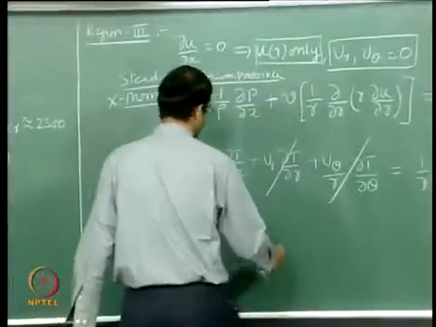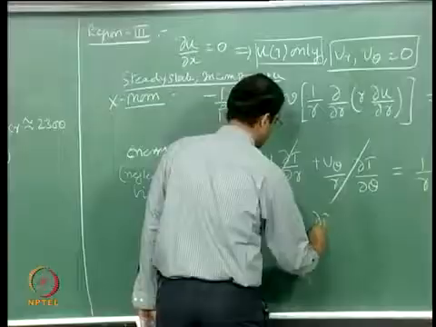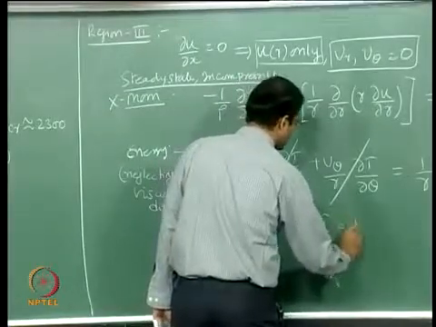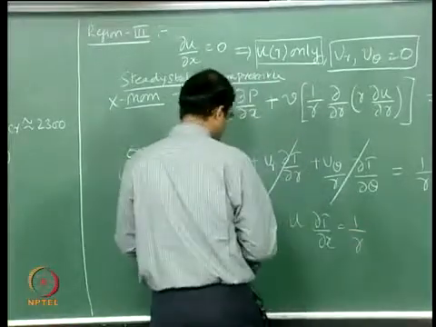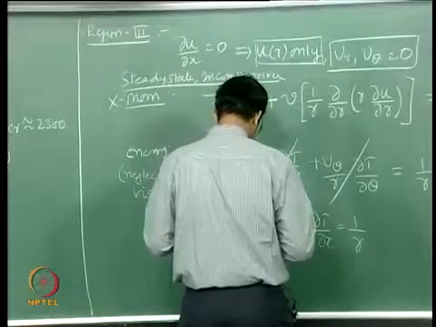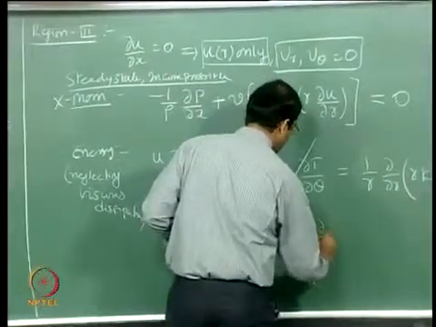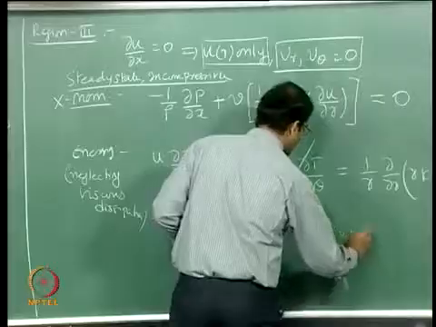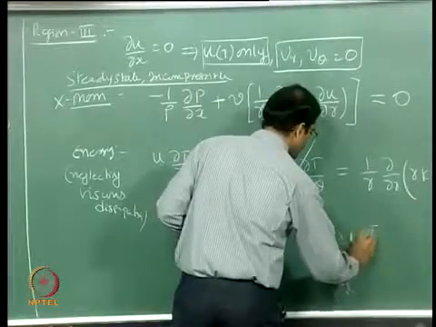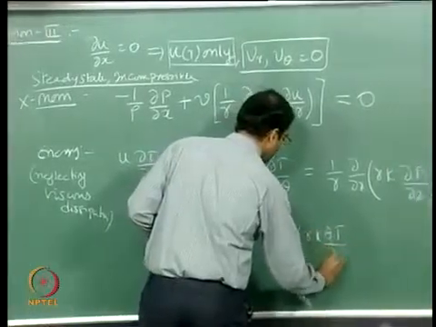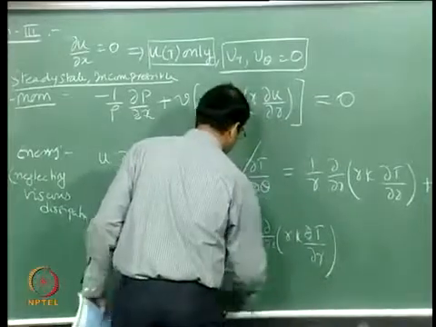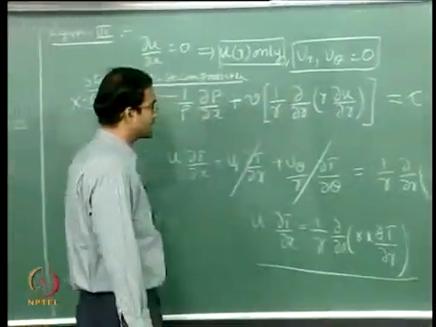So finally you are left with u dT by dx is equal to 1 by r d by dr of r k dT by dr. So this is your energy equation in region 3.